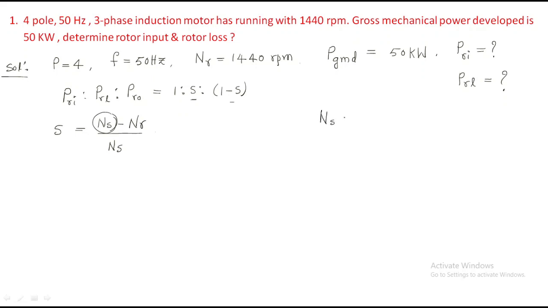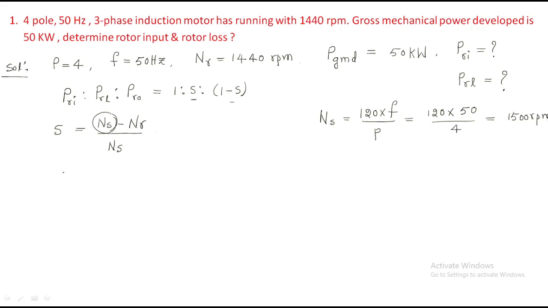Ns equals 120 F by P, the synchronous speed. Here 120, the frequency is 50 Hz and the number of poles is 4. Then the speed is 1500 RPM.